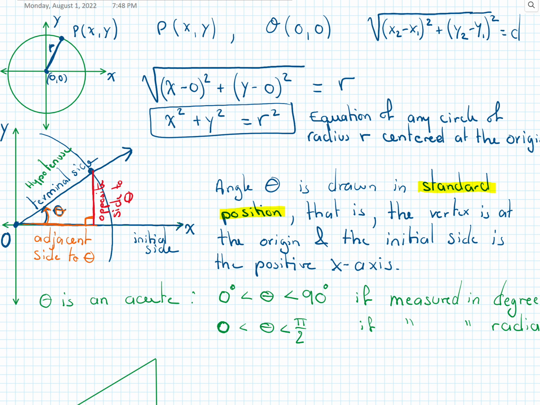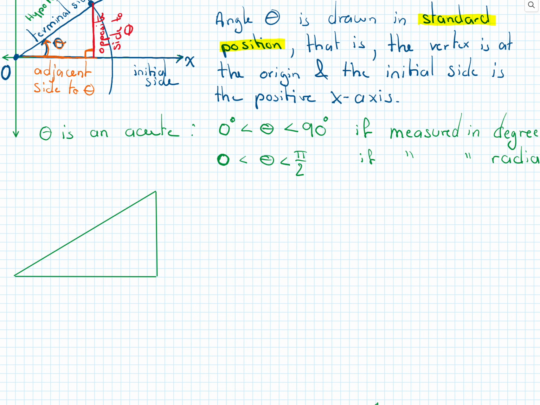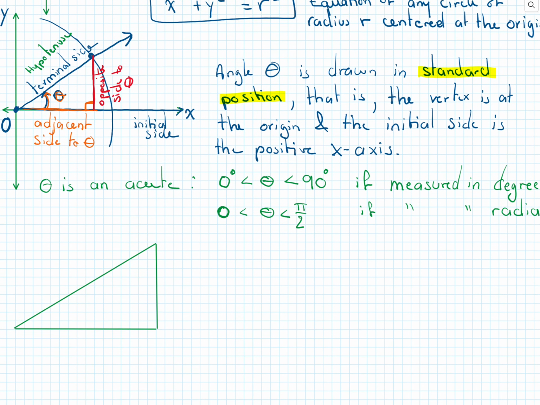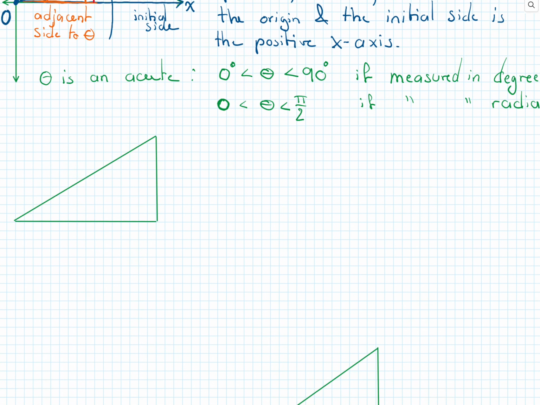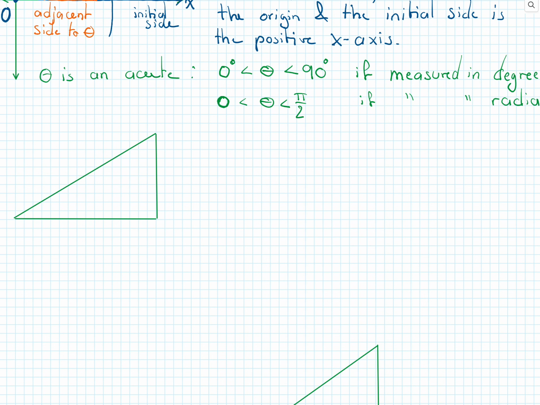All right, so let's look at ratios of sides now. So again, I took that triangle I had up here and extracted it from my old mess there, right? So this is still a right triangle. This angle here is my acute angle theta.